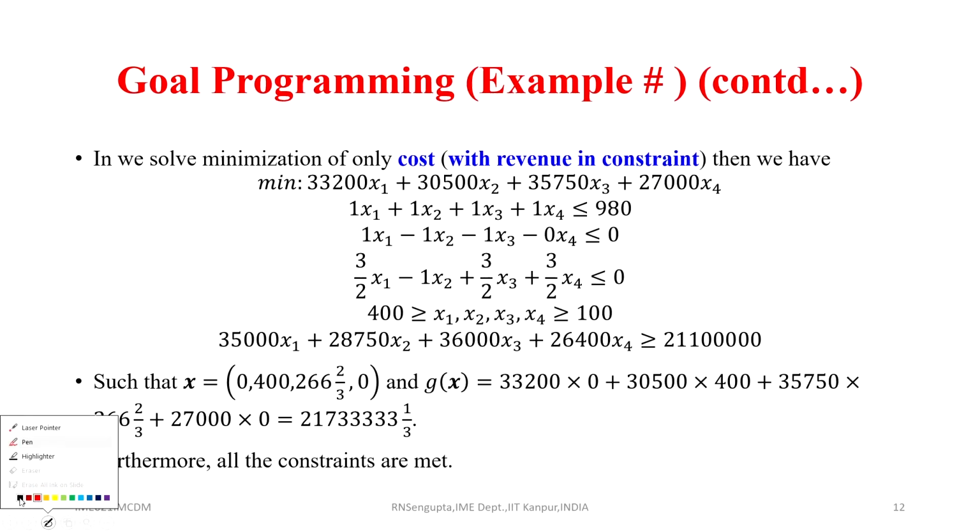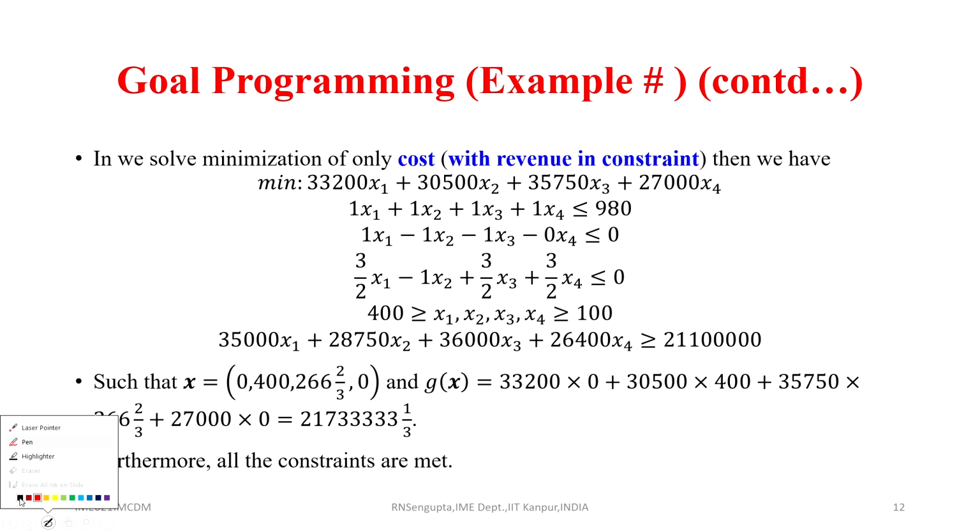Now, before we wrap up this class, the question is what happens if we have 3 objective functions already, max, max, min, something like that. Let me consider only one already existing constraint set, which I will write in black color.